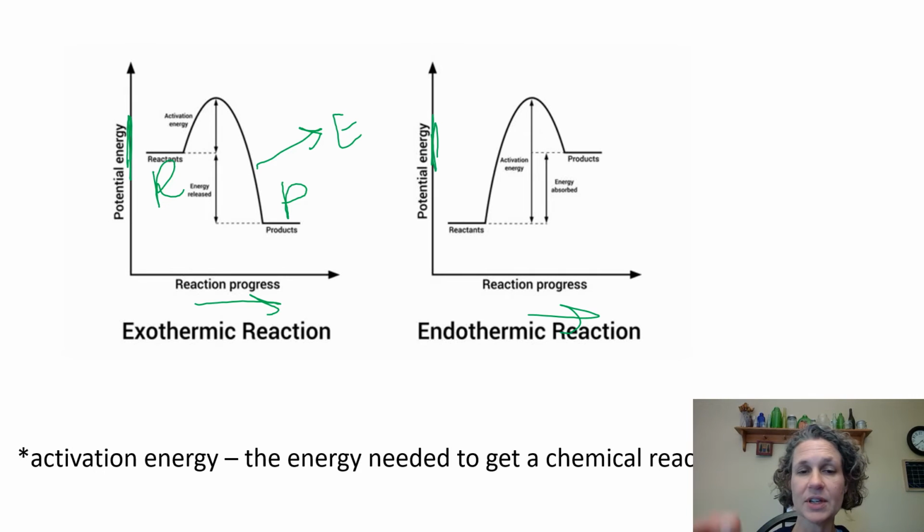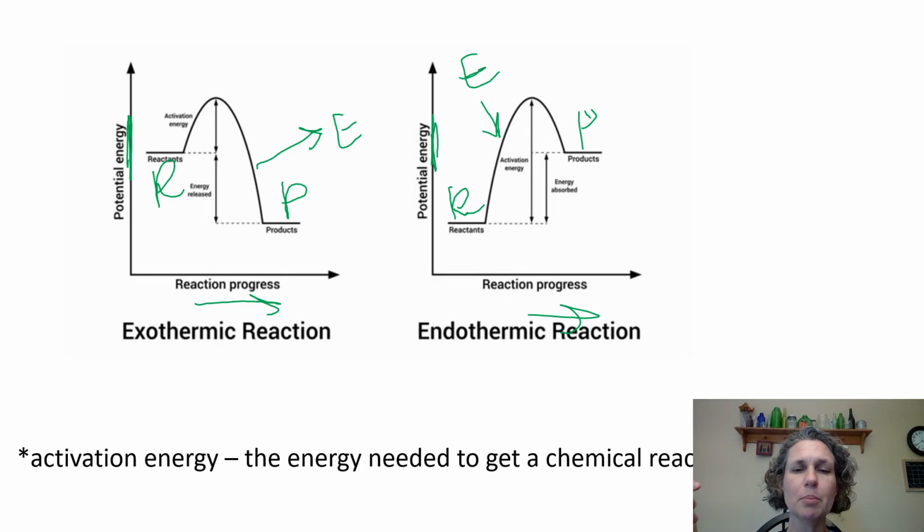Endothermic is just the opposite. I start at a pretty low amount of energy with my reactants, and I end at a pretty high amount for products. So at some point, energy went into that to raise that energy level.